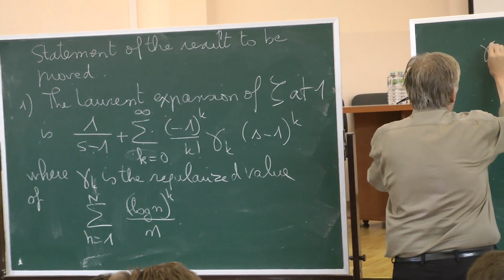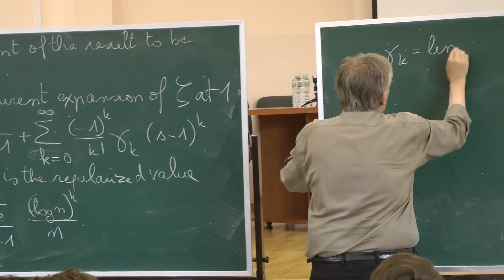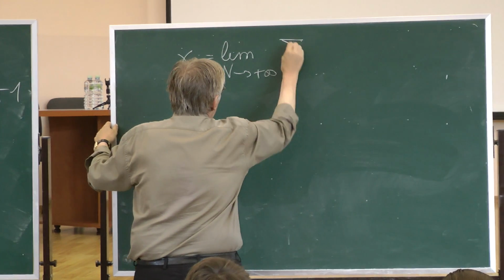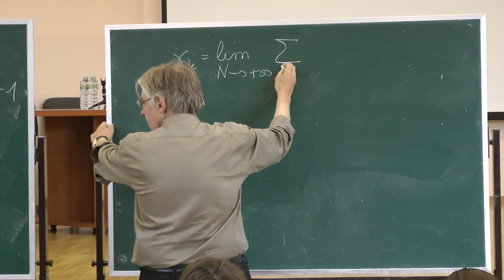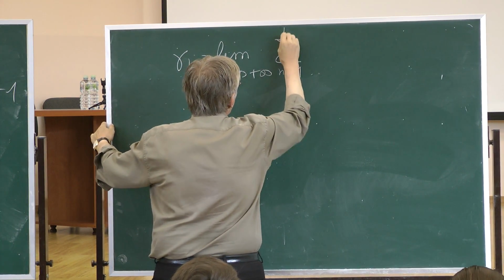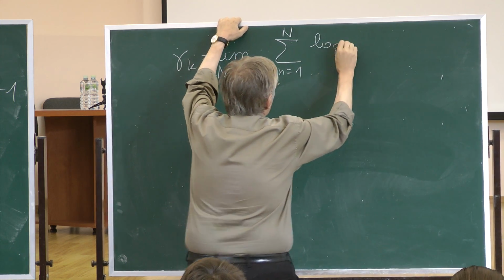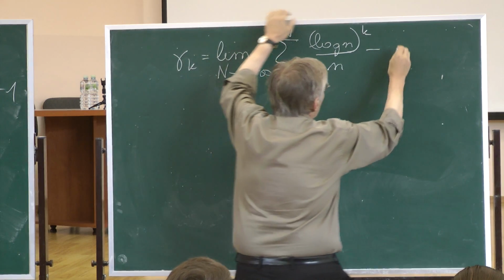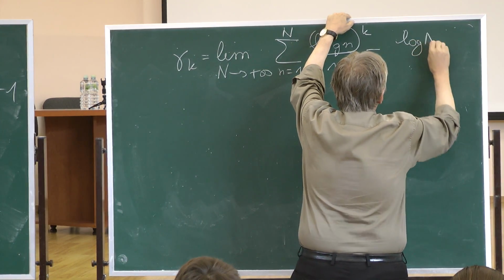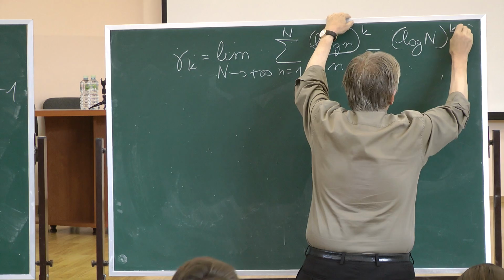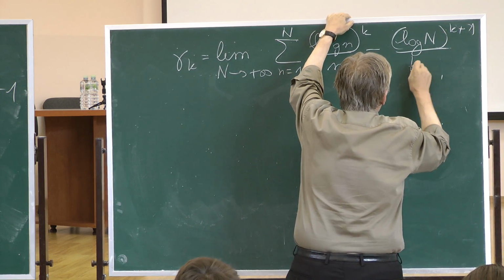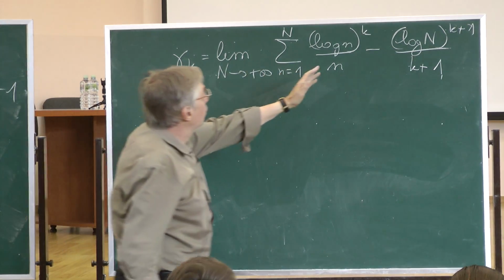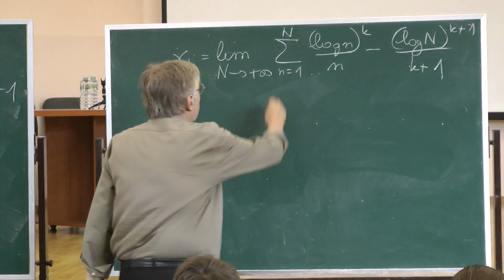Gamma k is the limit when capital N goes to plus infinity of the sum for n going from 1 to N of log n to the power k divided by n, minus log of capital N to the power k plus 1 divided by k plus 1. This is a polynomial that you have to remove in order to get a limit.